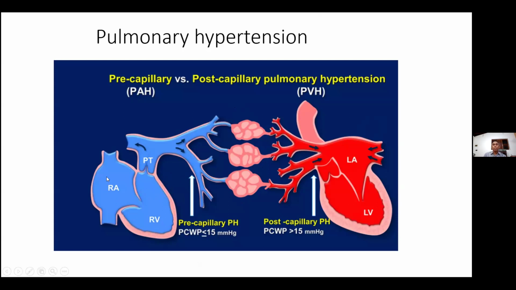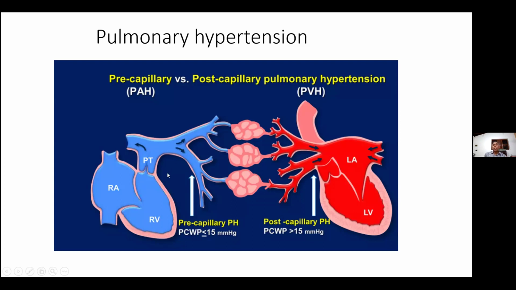So the blood coming from RA, RV, goes to the pulmonary artery and divides into arterioles and ends up in capillaries. And then the capillary will come back here and join to form the pulmonary venules, and then it becomes the pulmonary veins, and then it reaches the left atrium, left ventricle and aorta.